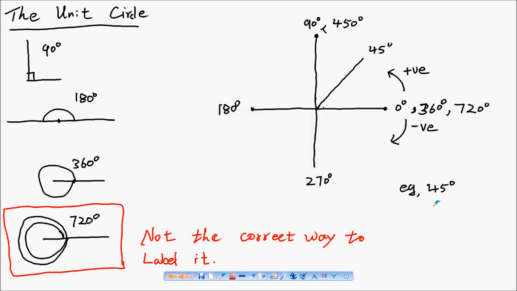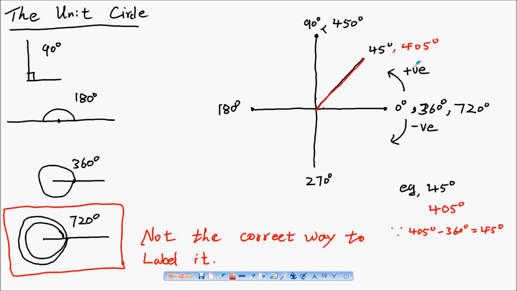Now someone asks me to label 450 degrees. As we start from 0, we go one circle around, we reach 360, and now we go 45 degrees more, which is exactly the same line there, and we have 405 degrees, because 405 degrees minus 360 degrees is 45 degrees.